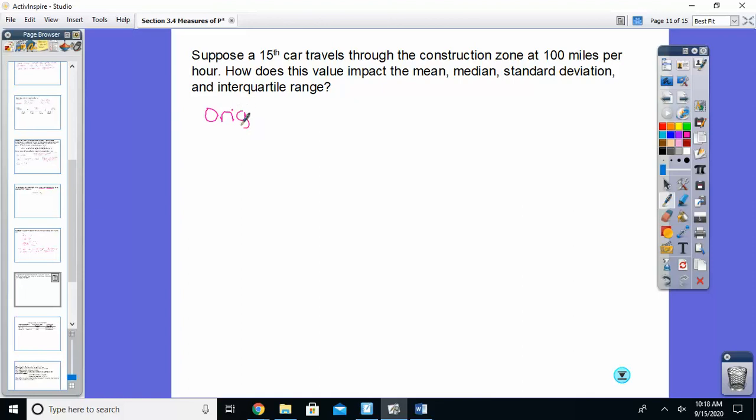So for our original 14, my mean, my x bar, what does your calculator tell you? You go to Stat, Calculate, one variable statistics.